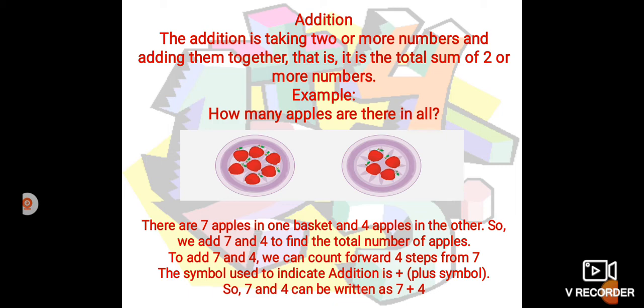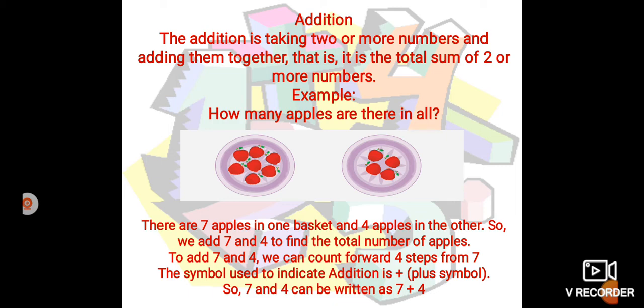Summing or addition means the sum of two or more numbers, or three numbers, or four numbers, or more than four numbers. Example: how many apples are there in all? It's a very simple, basic example to clear the concept about addition.